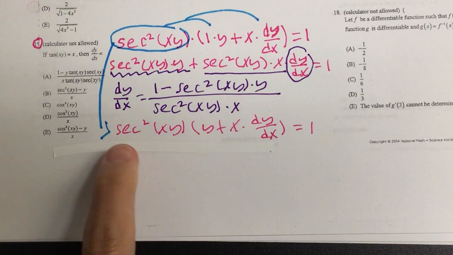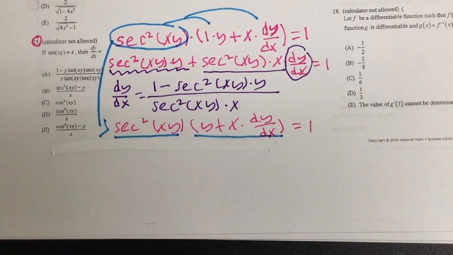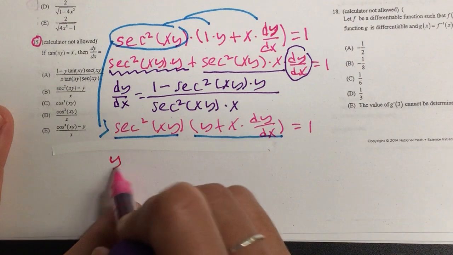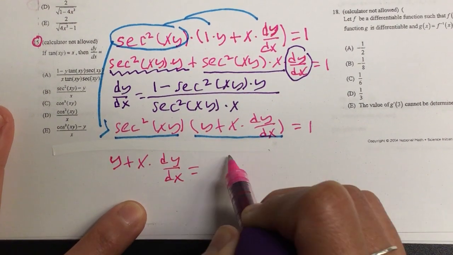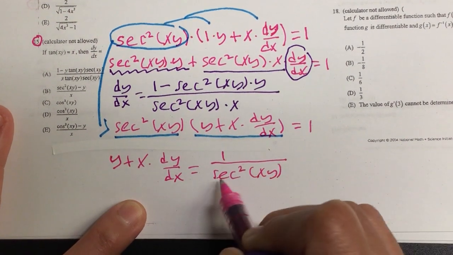Could I also divide the whole thing by secant squared of xy? Because really in the end it is this times this. So let's try that. We get y plus x dy over dx is equal to 1 all over secant squared of xy.